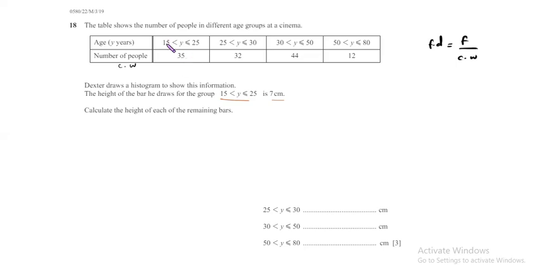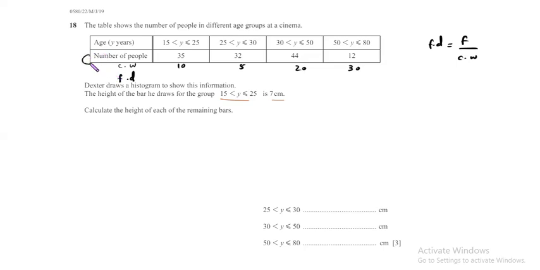So the class width: 15 to 25 is 10. Then 25 to 30 is 5, 30 to 50 is 20, then 50 to 80 is 30. Next, the frequency has to be divided by the class width to calculate the frequency density.